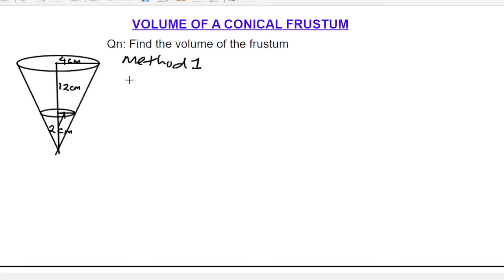The formula for finding volume of a conical frustum is given by a third pi R squared H, where we are using capital R and capital H to show that it is the big cone, minus a third pi r squared h. Again, here we are using the smaller letters to show that it refers to the volume of the cone that was cut off, the small one. If we subtract the two, it will give us the volume of the frustum.